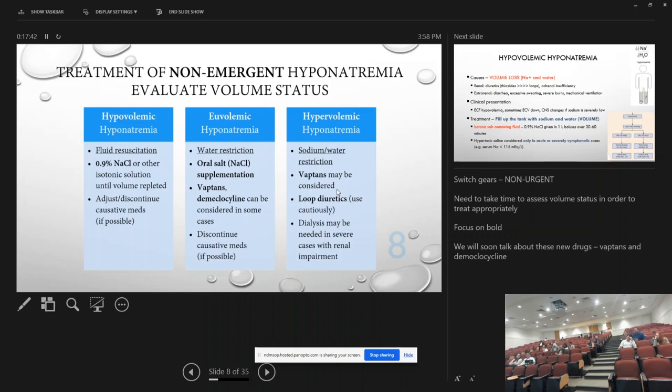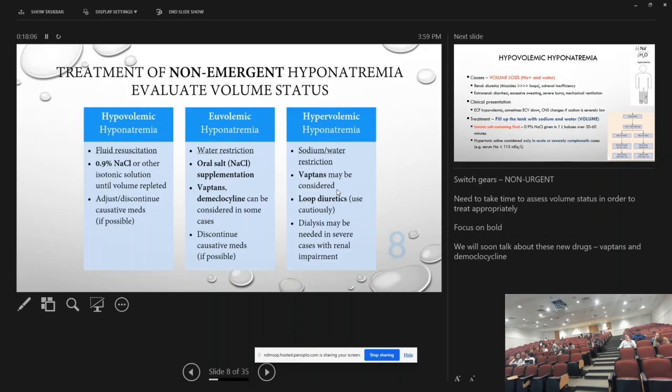That's not used that often anymore. Sometimes in neurology, they do that. You can use, Dr. Joshi mentioned, the vaptans: conivaptan, tolvaptan, and demeclocycline. They can be considered in some of the cases. Again, identify and discontinue any causative meds.